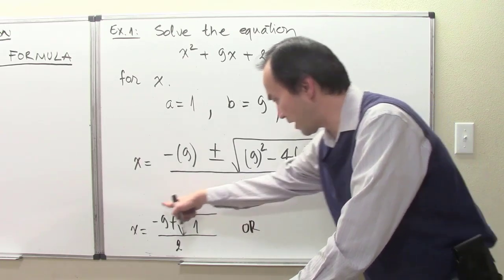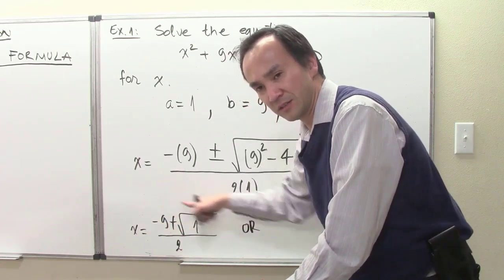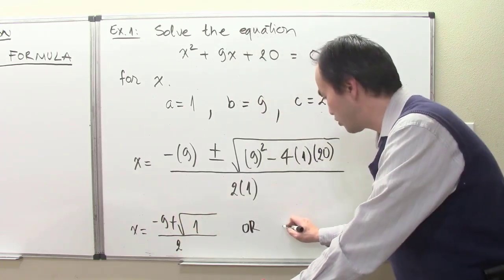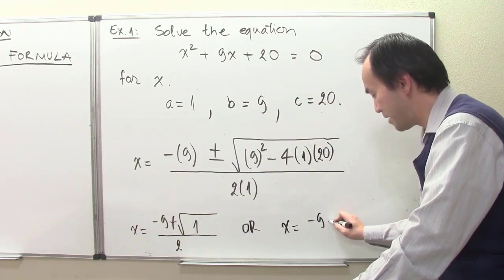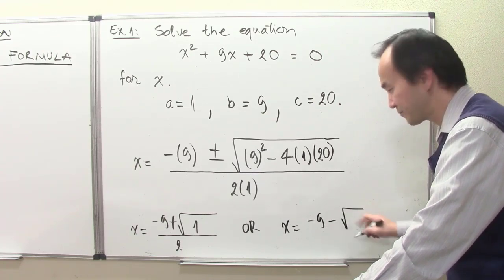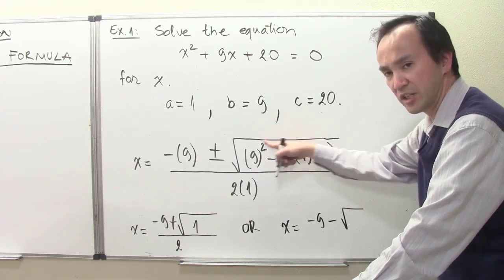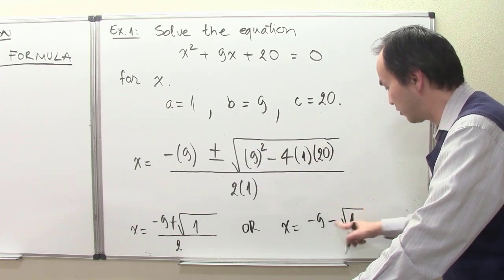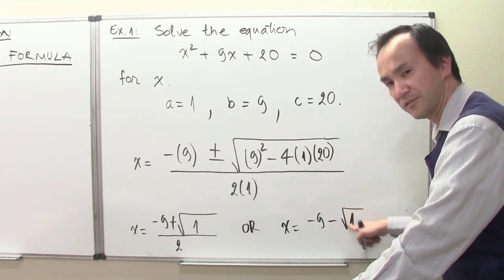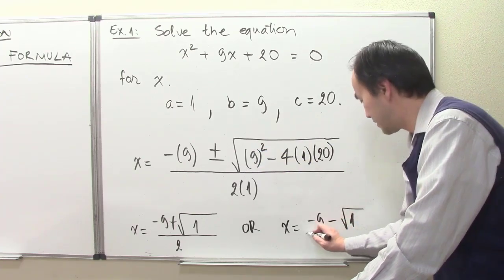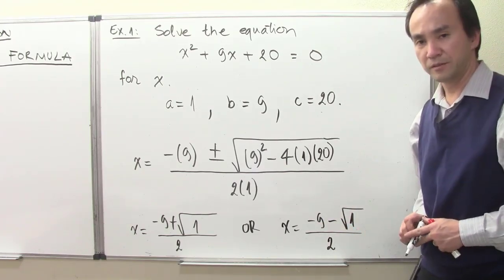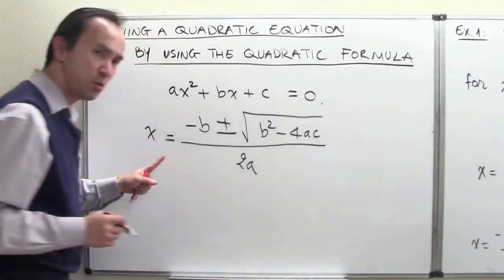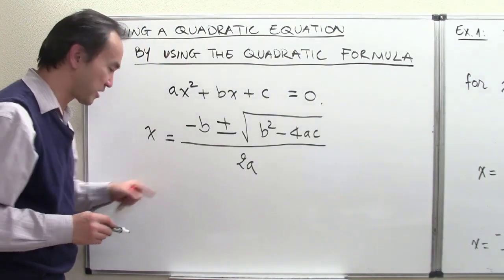On one hand, the solution comes out from this formula, or the solution comes out from the other formula: minus 9 minus the square root of, and the expression inside once again comes out with 1, so we're looking at minus 9 minus the value of the square root of 1, over 2.